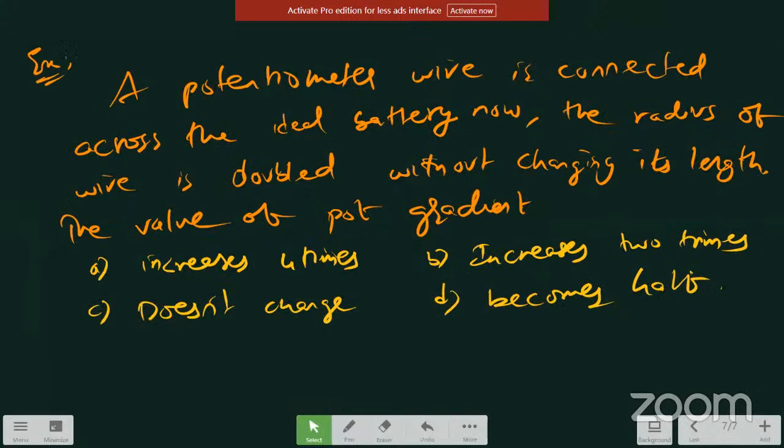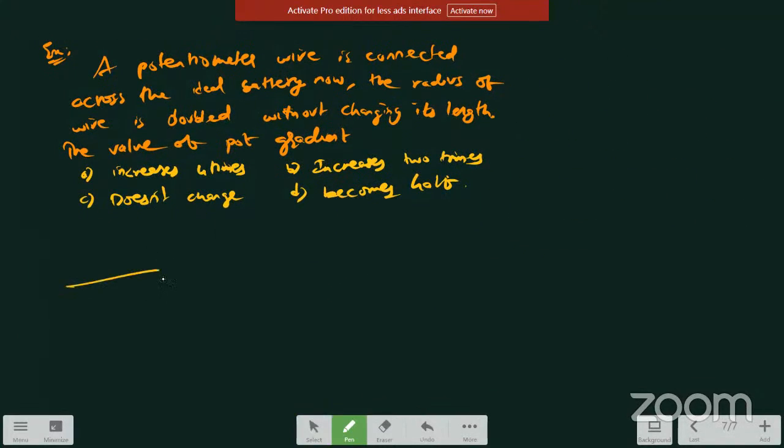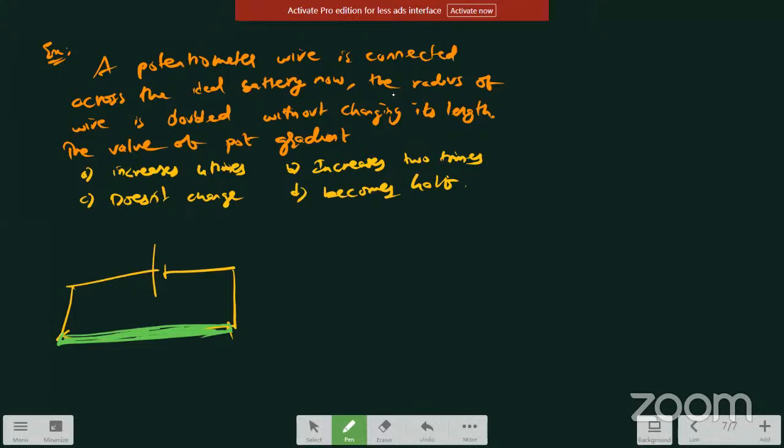So what does the question say? The question says that there is a battery and a wire is connected across. This wire has some resistance. Let us say this is the wire. Initially, let us say the radius of the cross section of the wire is r and the length of the wire is l.